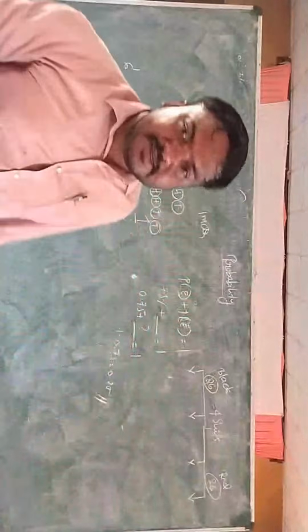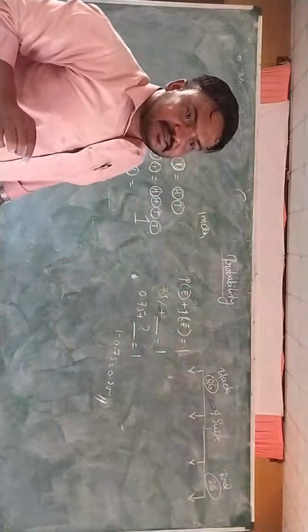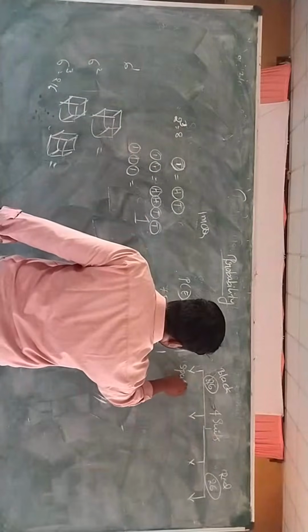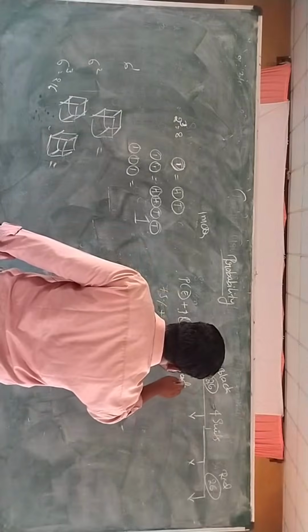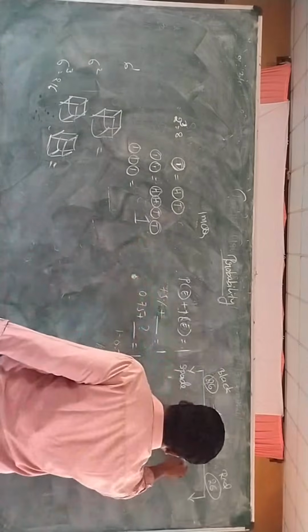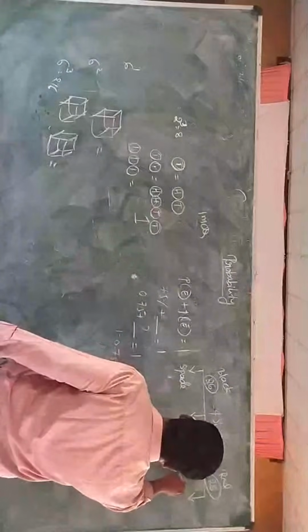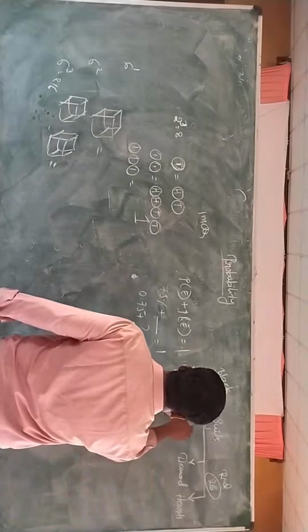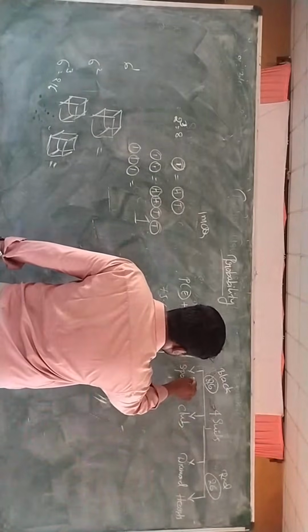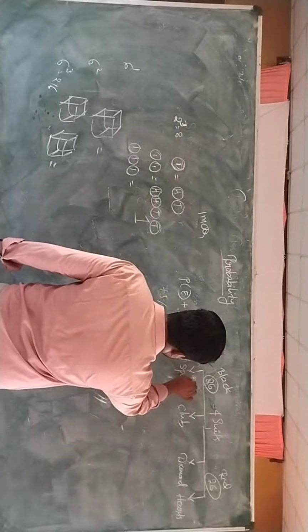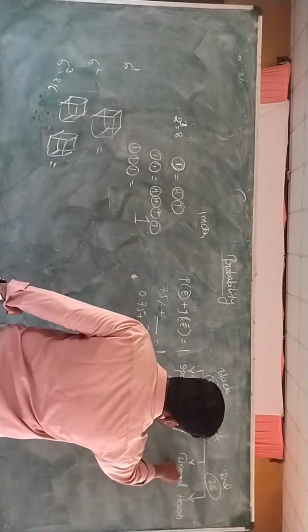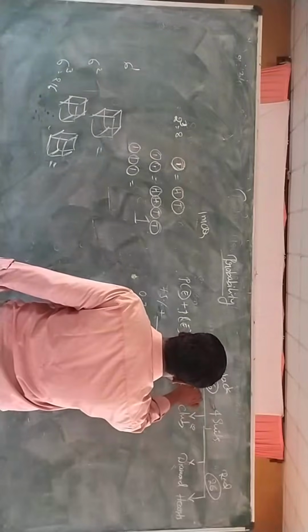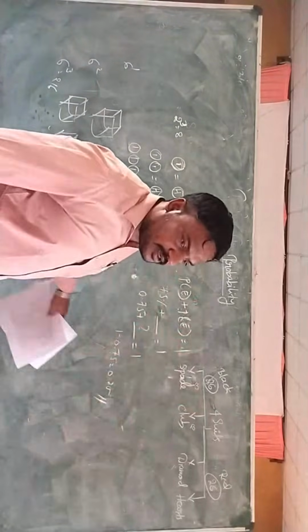Spade is black, diamond is red, hearts is red, clubs is black.